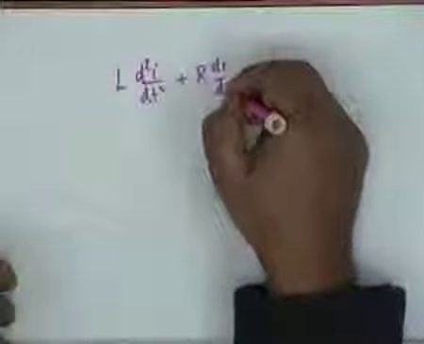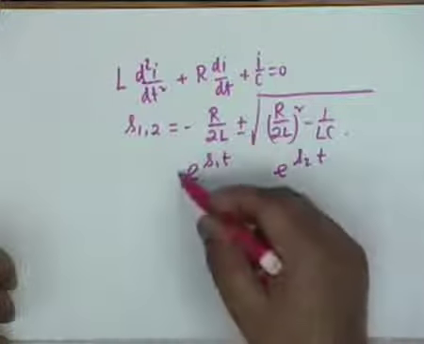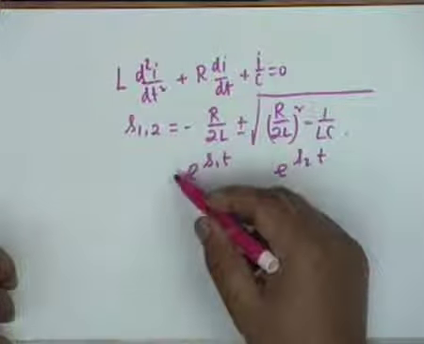Both of them shall satisfy the original differential equation, and multiplying by any arbitrary constant will not affect the solution, and therefore we say these constants are, let's say, A1 and A2. Both of them individually satisfy the original differential equation, so the sum of them should also satisfy the original differential equation, and this qualifies as the general solution to the original differential equation.